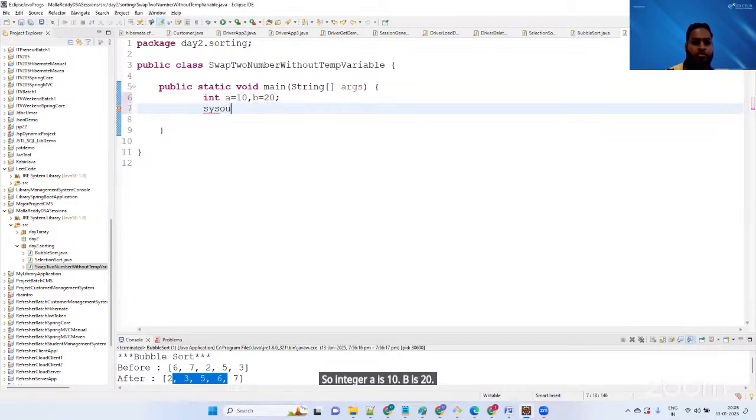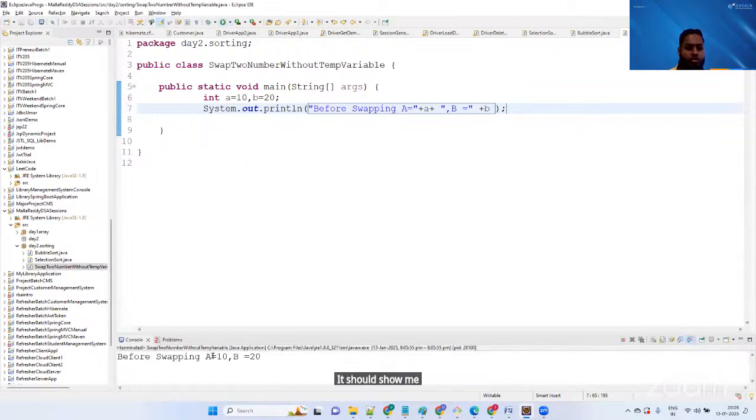System.out, before swapping, A equals A plus B, B equals... Okay, so let me save this and run it. It should show me before swapping A equal to 10, B equal to 20.